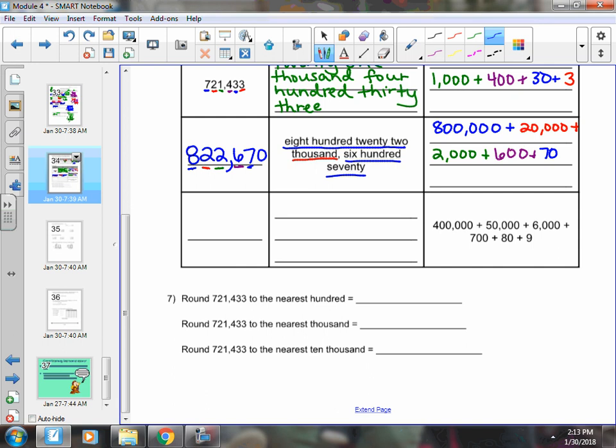And the last row, again, I think I'm going to start by writing it in standard form, which I think will make writing it in words easier. The largest number goes up to the 100,000s. So some kids find this very helpful, and they can just fill in the blanks.